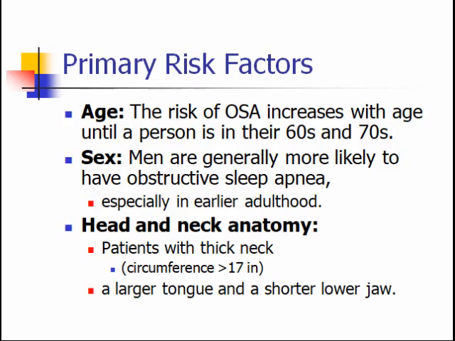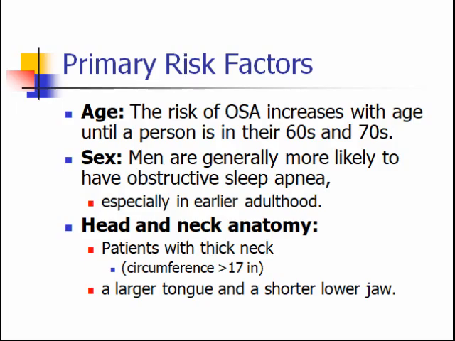Men are generally more likely to have obstructive sleep apnea than women, and especially men in their earlier adult life. The head and neck, patients with a thick neck, a circumference of greater than 17 inches, often have a lot more tissue there, and that tissue can compress that airway and get in the way of us breathing.